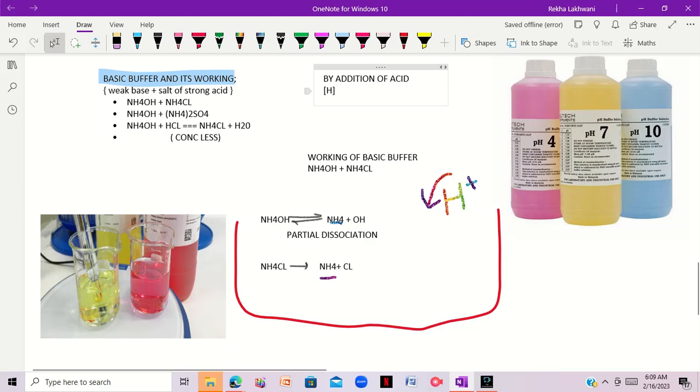Okay, so there will be a high concentration of these hydrogen ions.